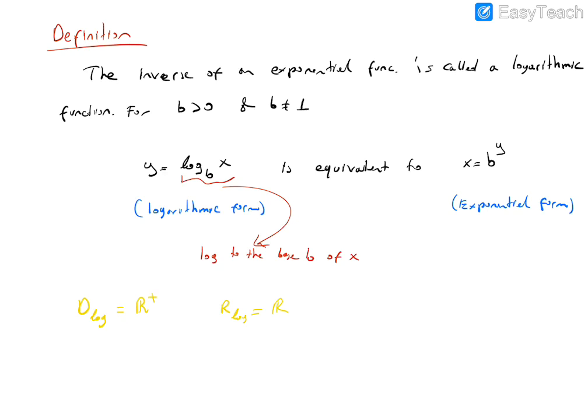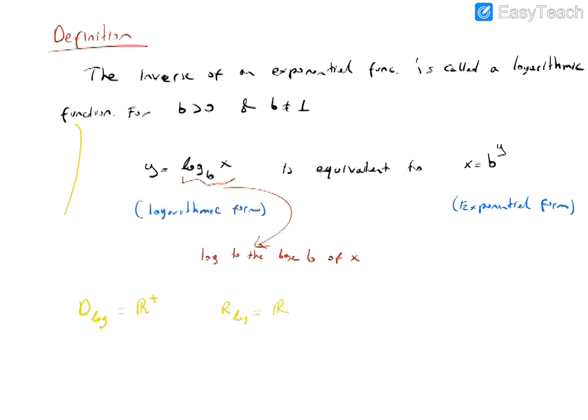Typically, the graph of the exponential function and its inverse, a logarithmic function, can be given as the following graph. Okay, so this is the logarithmic function graph.